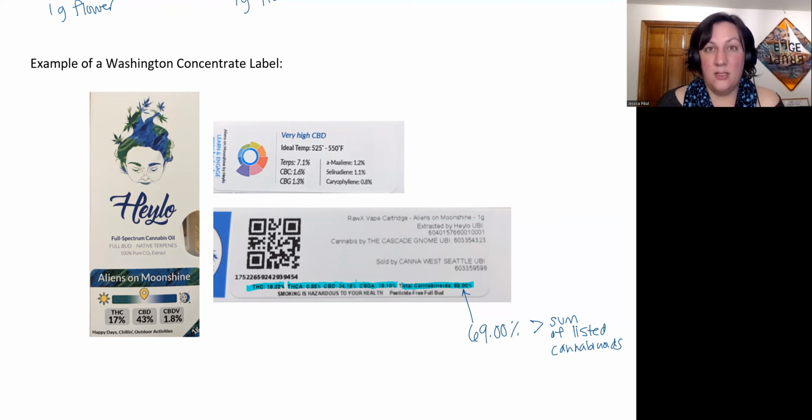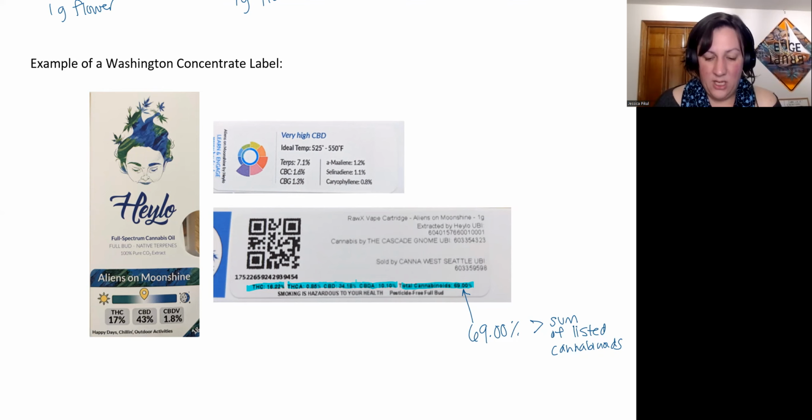Maybe there are some cannabinoids that are not listed in other parts of the label, like maybe CBG or maybe THCV. It could be a lot of different things because there are a lot of cannabinoids. So that value is going to represent everything that would fall into that same structural pattern.